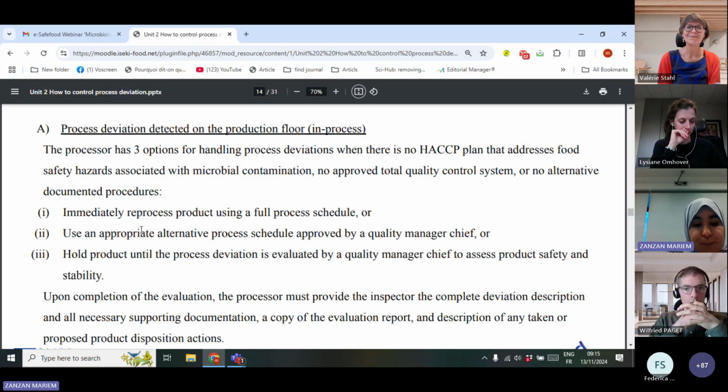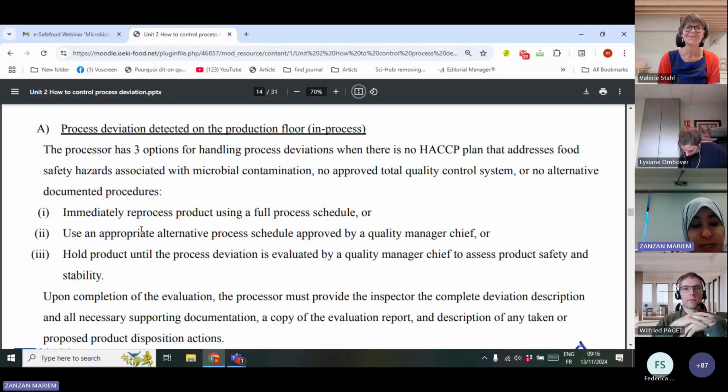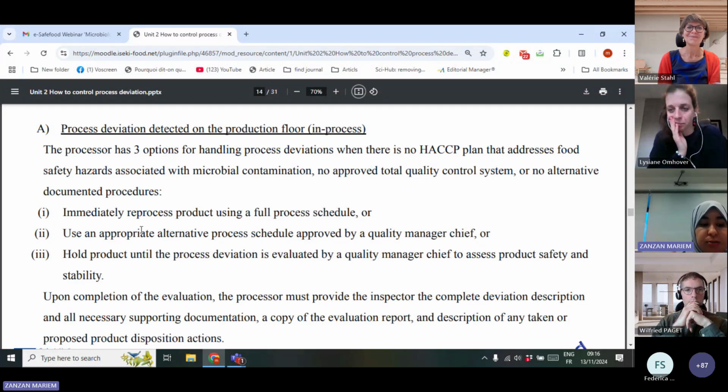As an example, still in the dairy plant process, if we notice that the temperature of the pasteurizer has dropped below the level required, the action that we have to take is to stop the process line and reprocess the milk using a full pasteurization schedule in order to ensure the milk reaches the required safety standard.